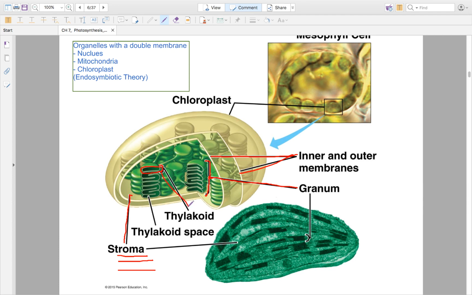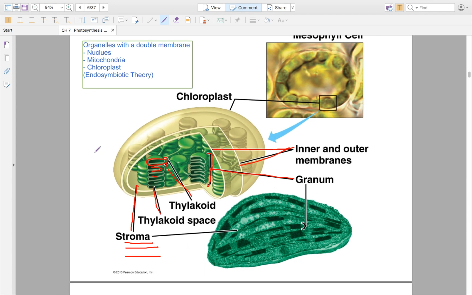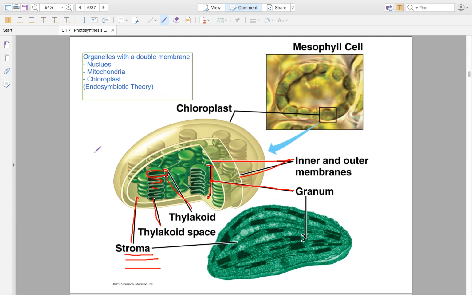And notice this, if we cut open the granum, see this space in here? This dark space, this is called the thylakoid space. Now this is important because you need to know where you are in the cell or in the organelle at all times.